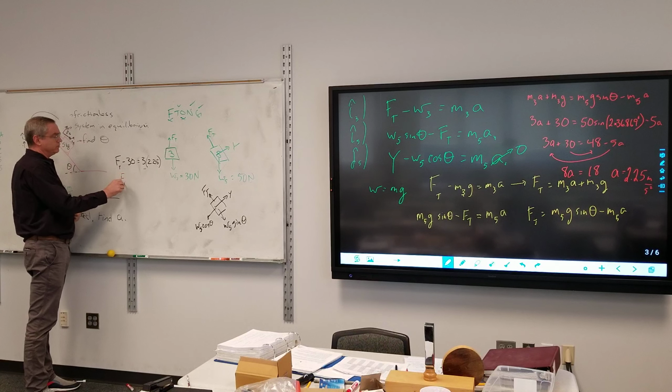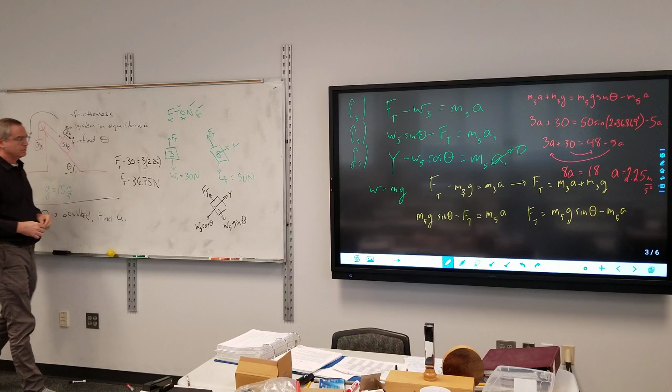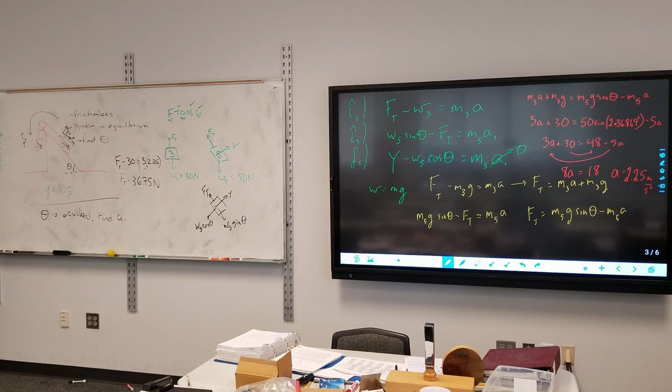And so my tension is equal to 36.75 newtons. So the force upward is more than the weight of the 3 kilogram box. It better be, because from our knowledge of just the way things work, it's accelerating upwards, so the upward force should be bigger than the downward force.